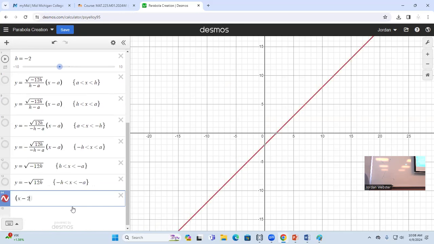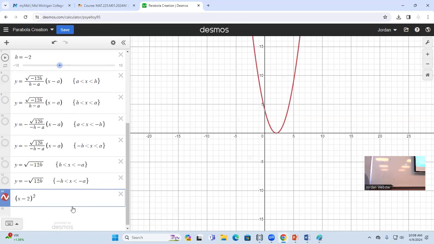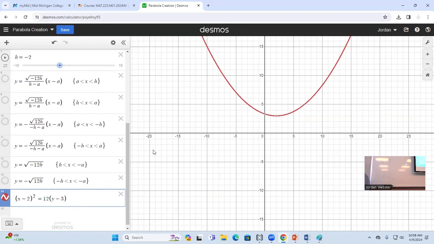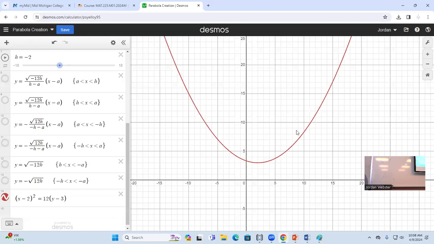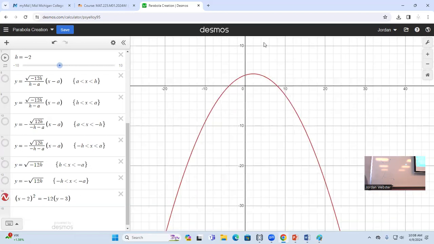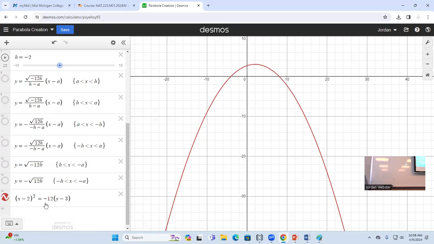If I do (x minus 2) squared is equal to 12 times (y minus 3), you see that when the x part is being squared, this parabola is pointed up. If I throw a negative in front of that 12, all of a sudden the parabola is pointing down.